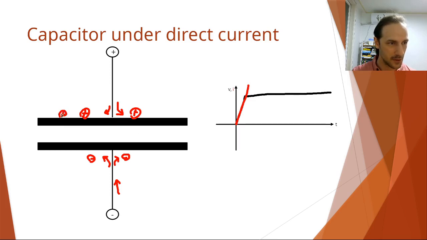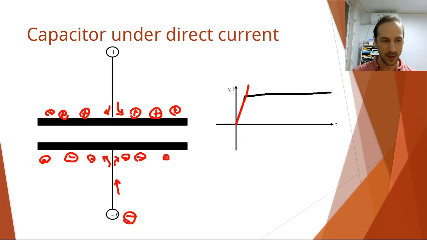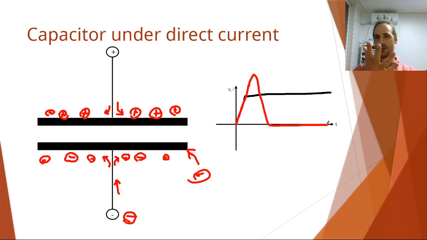But as soon as the number of charge carriers reaches the equilibrium state, which is defined by the capacitance, meaning how many charges will be here in equilibrium under a certain voltage, then suddenly, you can see on the bottom here we have a negative polarity electrode, and now this plate also has a large negative charge, so negative charge carriers cannot move here, positive charge carriers cannot move there anymore. So what we have is that this current will go down to zero. No more current is flowing through the device here.